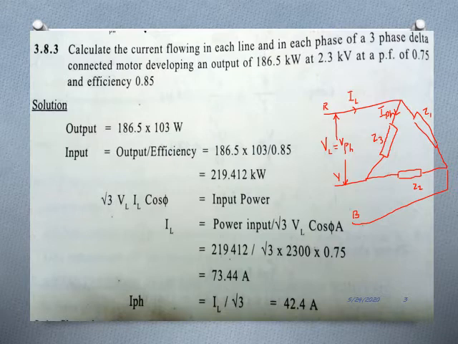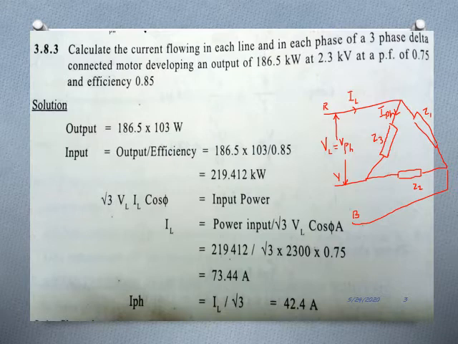So you need to find out what is the IL and IPH. In a delta connected system, we know that IL is equal to root 3 times I phase. So you need to find out either IL or I phase, and using that relation the other quantity could be found out. So the given data are, you know what is the output power.